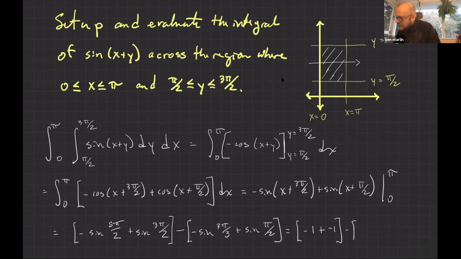Minus negative, and I wrote a little bit, sorry, I got a big eraser there. I meant to have a little one. It was supposed to be 3 pi over 2, and I wrote 3 pi over 3. Okay, so minus the sine of 3 pi over 2, so that's minus a negative 1, so I'll write positive 1, plus, and now the sine of pi over 2 is 1.